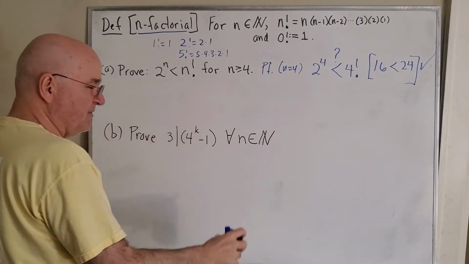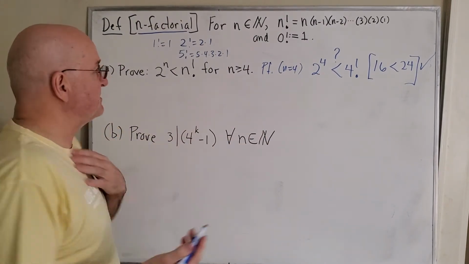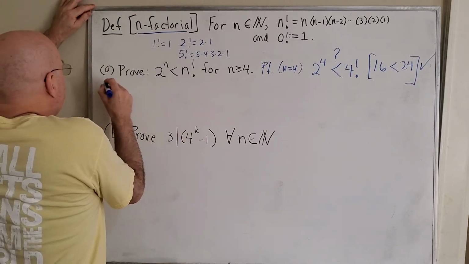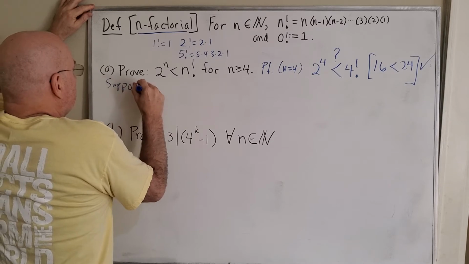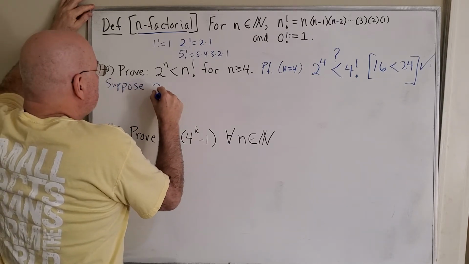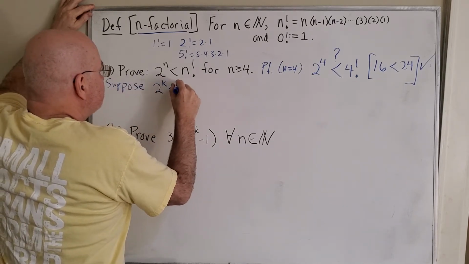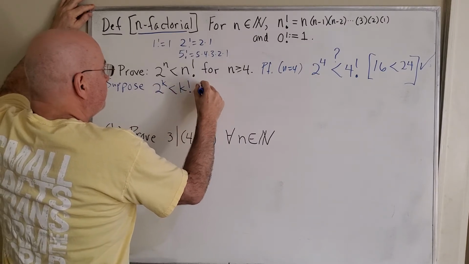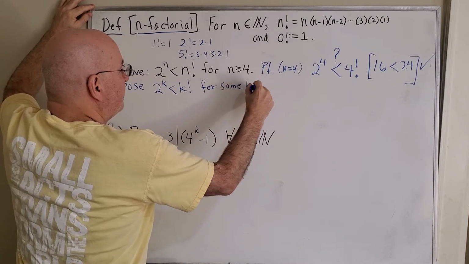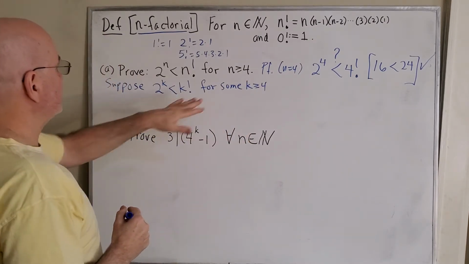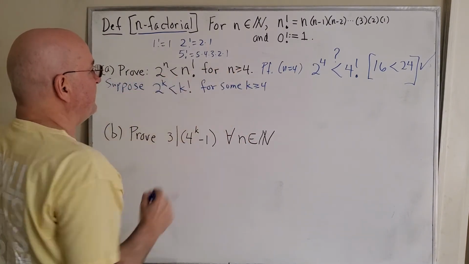So now we need to do the inductive hypothesis step. So basically we could say, suppose 2 to the k is less than k factorial for some k greater than or equal to 4. So we're assuming that this is true for k.